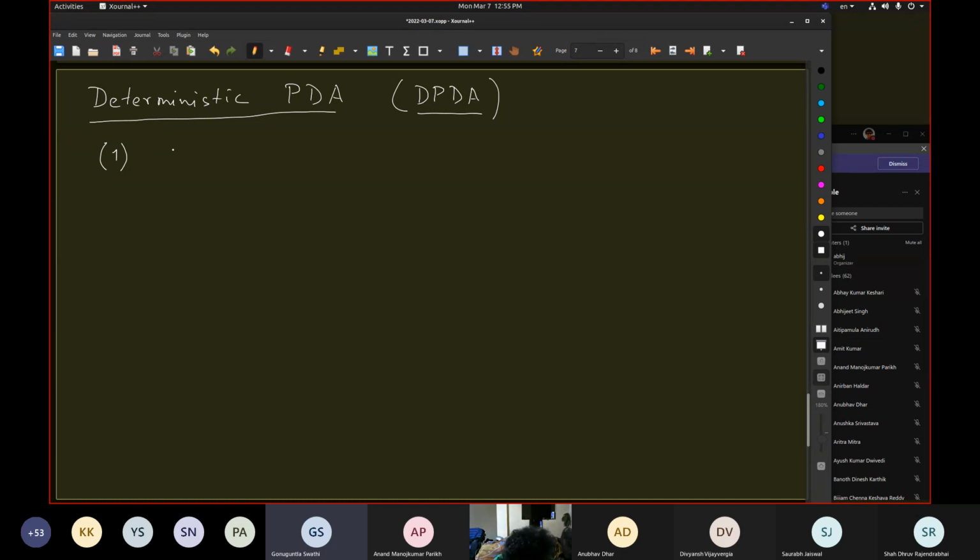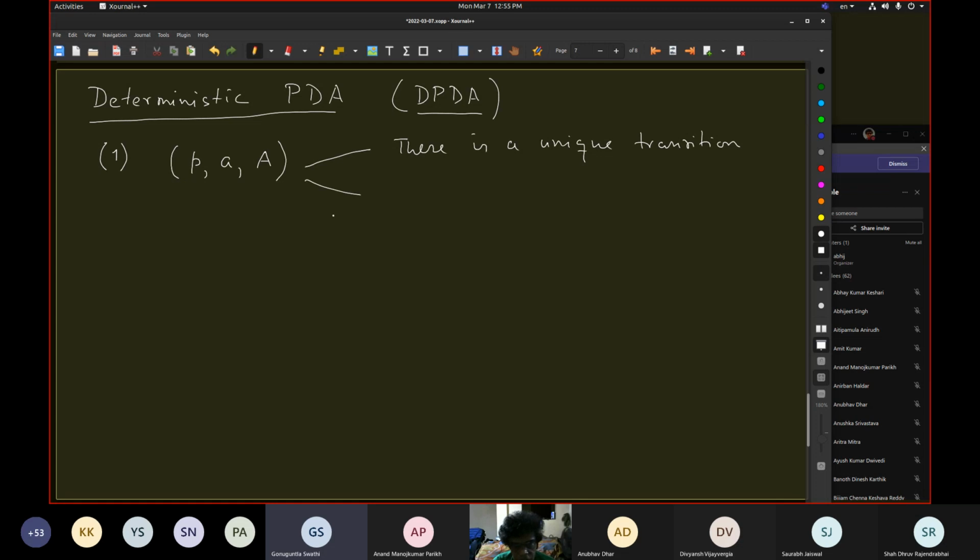So if the machine is in state P, A on the top of the stack, then there are two possibilities. There is a unique transition to handle this situation.